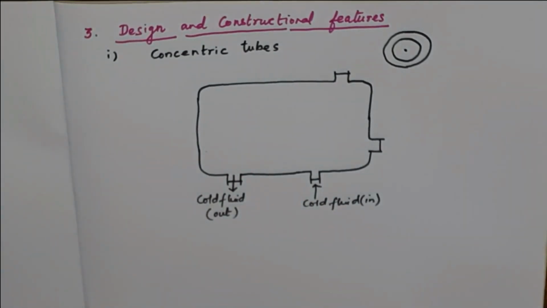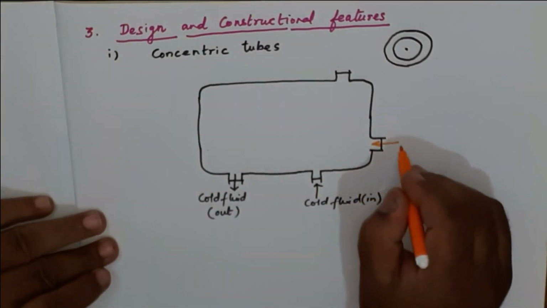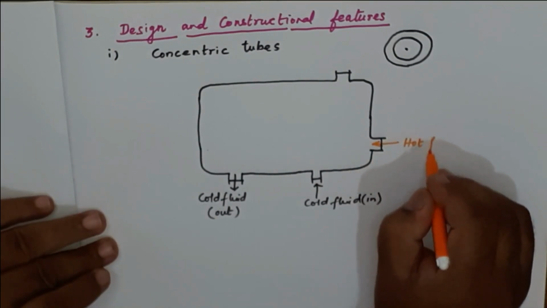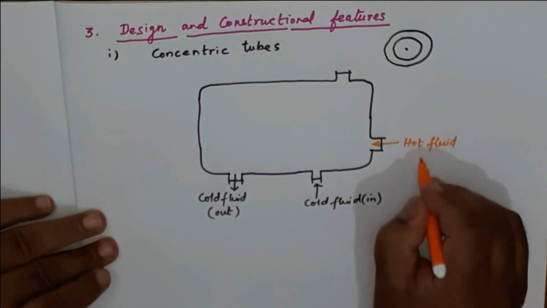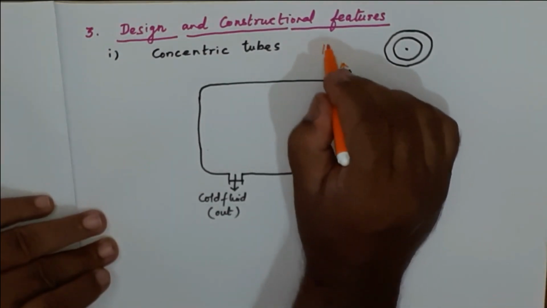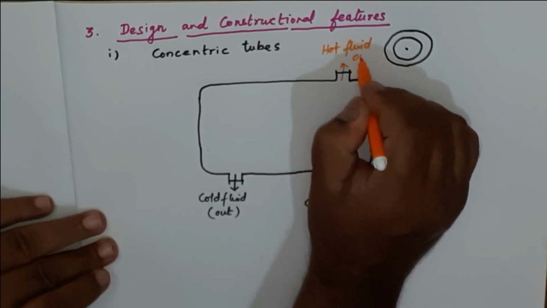And simultaneously, the hot fluid enters the heat exchanger, exchanges heat with the cold fluid, and comes out as cold fluid. So hot fluid in, and here you have the hot fluid out.